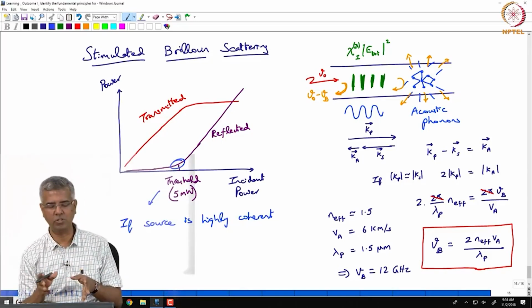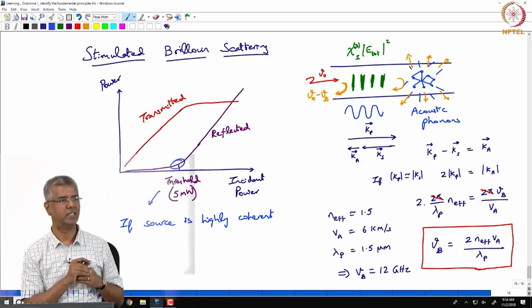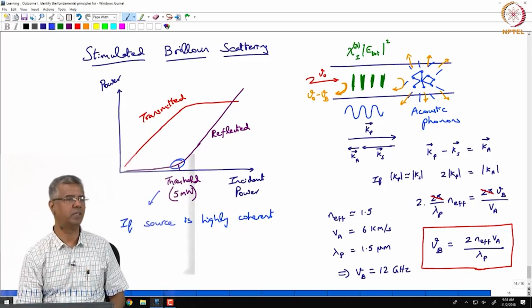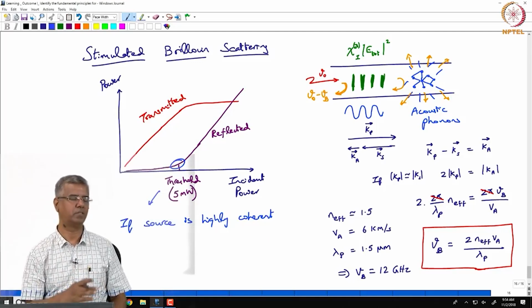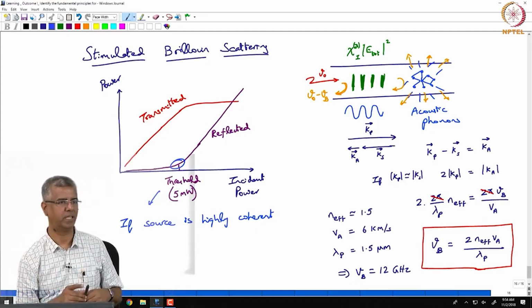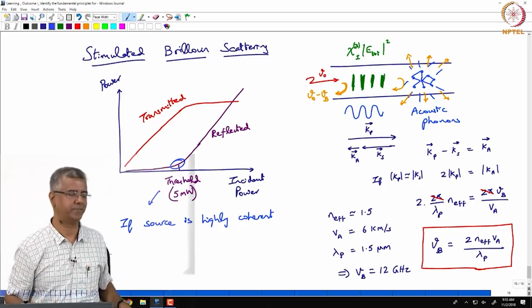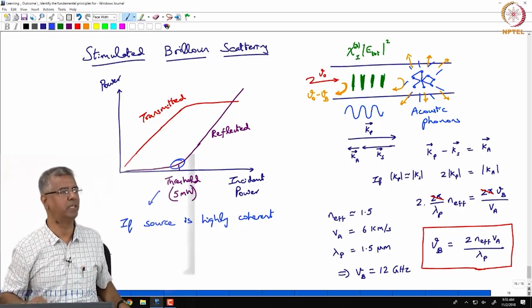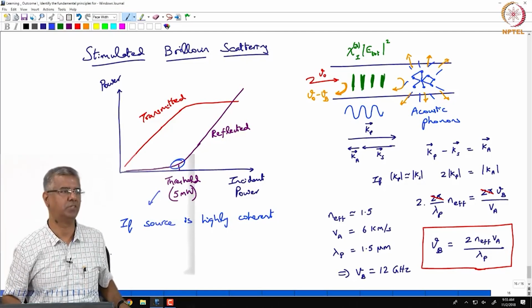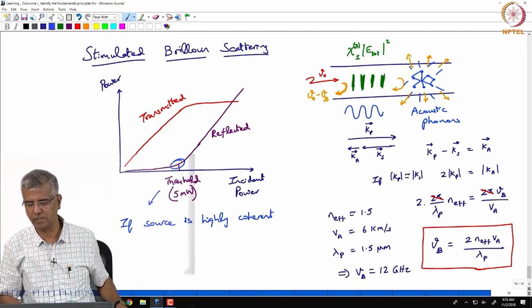But if you use a distributed feedback laser, you better not go beyond a milliwatt of power level, because beyond that you start seeing the effect of stimulated Brillouin scattering. It doesn't help to keep increasing the power, because you will end up having this issue of stimulated Brillouin scattering.